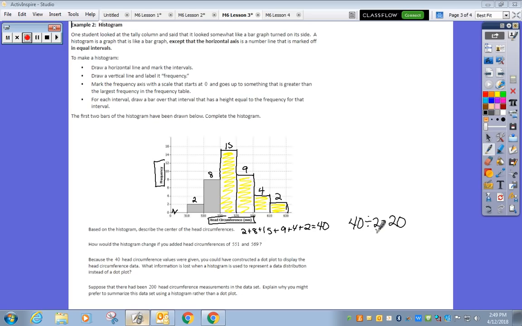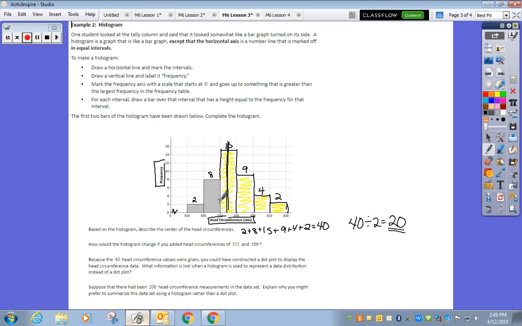Okay, so we're still not to the 20 we want to get to. So if I go 10 plus 15 more, that's going to give me 25, which would bring me over the 20 pieces of data. So what this is saying is somewhere within this bar, or this interval, would fall our center. Okay, so you add the frequencies all together, divide by 2, and whatever you get, you're going to count over from the start.